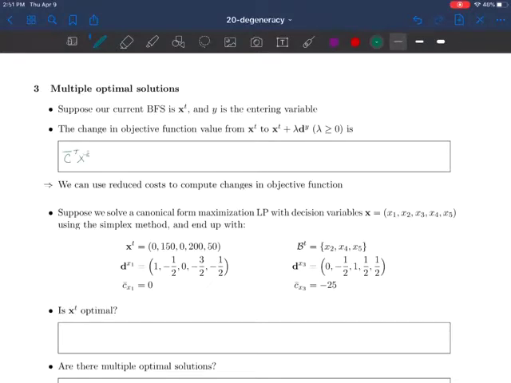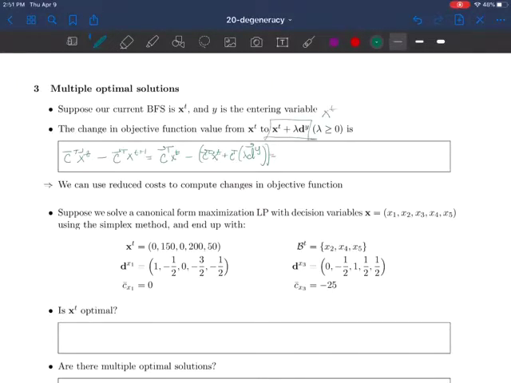It is C transpose xt minus the objective at the new point, C transpose xt+1, which is equal to C transpose xt minus C transpose xt plus lambda dy, if y is our entering variable.